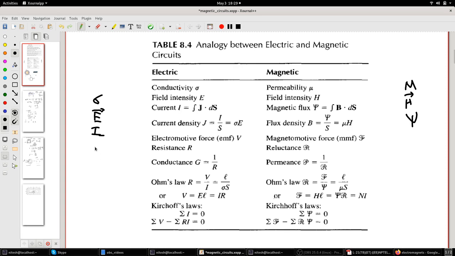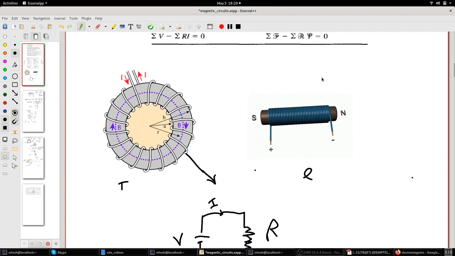In the same way, we have EMF, which is voltage, in an electrical circuit. For a magnetic circuit we have something called MMF, magnetomotive force. MMF is a quantity which is created when you have any winding.